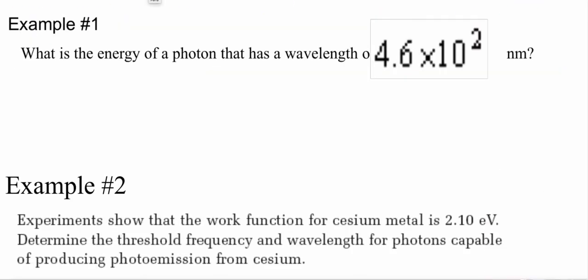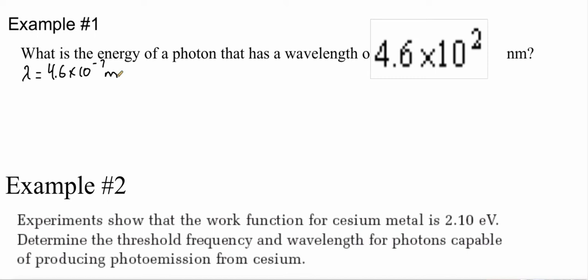So now let's get to some examples here. My first example is, what is the energy of a photon that has a wavelength of 4.6 times 10 to the 2 nanometers? Well, first of all, I have to convert my wavelength into meters. So this is going to be 4.6 times 10 to the negative 7 meters.